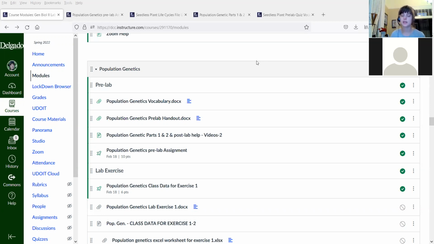This is something that you either will or already have covered in lecture. So Hardy-Weinberg, population genetics, that's something you'll be tested on in lecture. And we have this little lab activity to go along with that, but it's not going to be on test 2. Test 2 is just plants and fungi. But you do have to get through this module, but it's kind of fun.